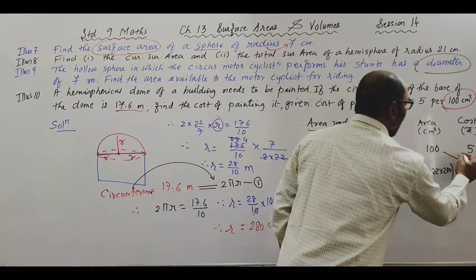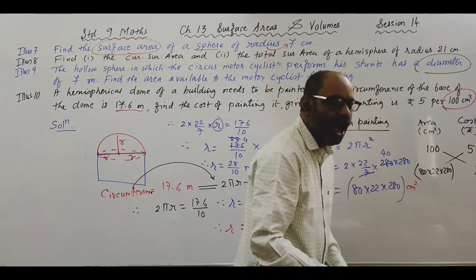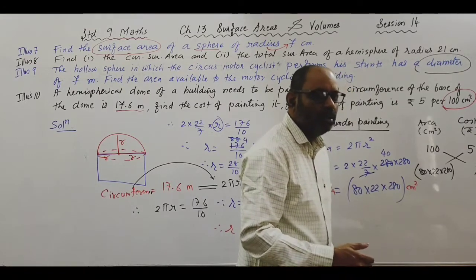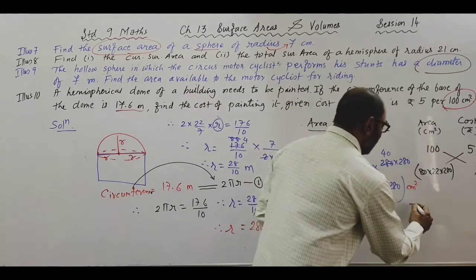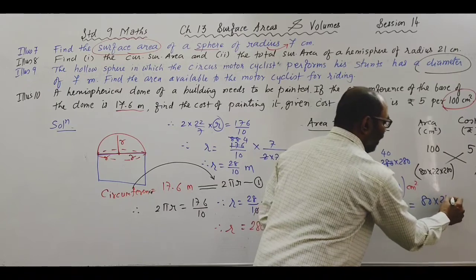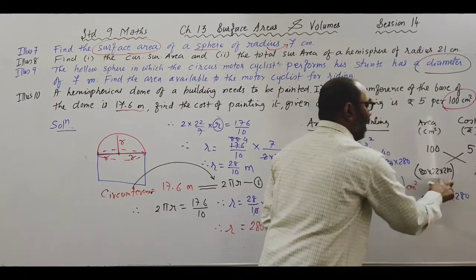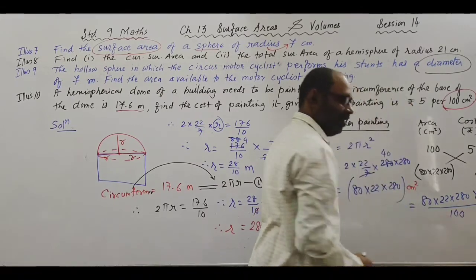So what will be the cost? Here we have cross multiplication. Cost is equal to 80 multiplied by 22 multiplied by 280, bracket, into 5 upon 100.